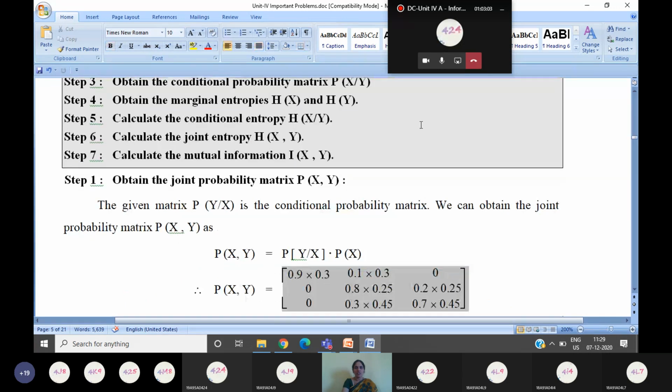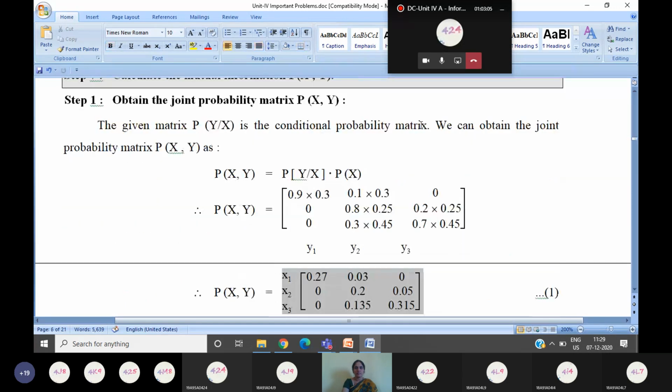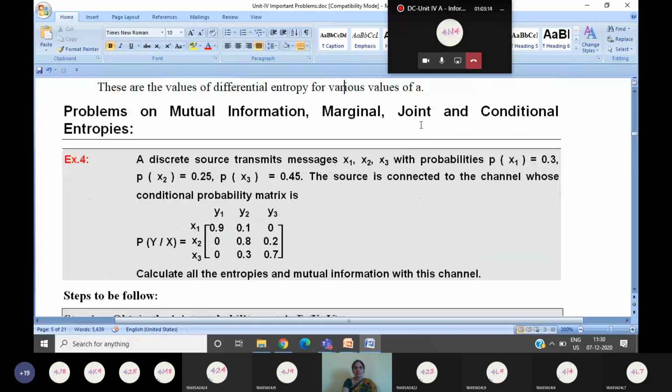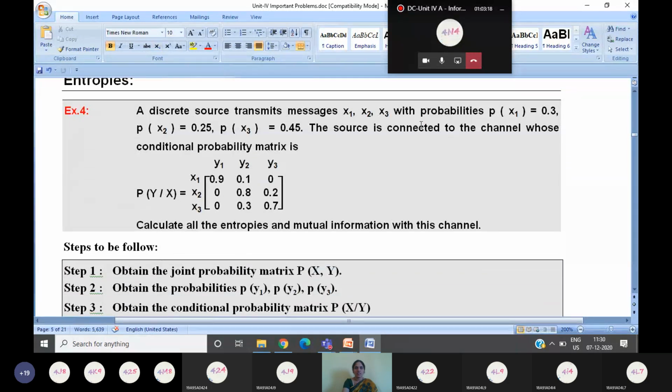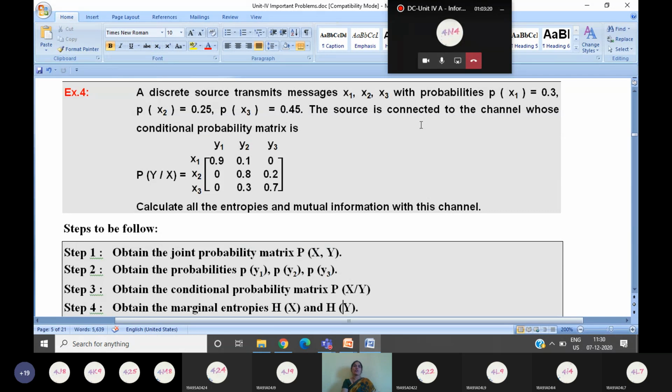What is the matrix size of P of X? Any one of you, please speak.